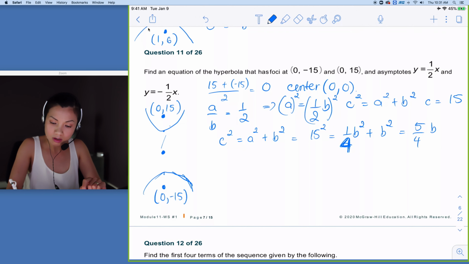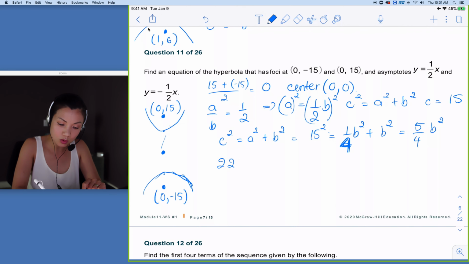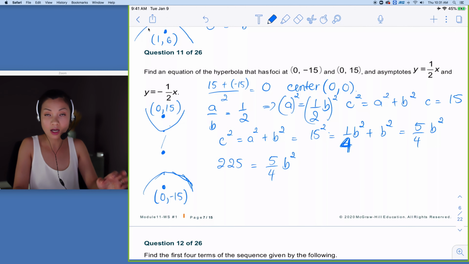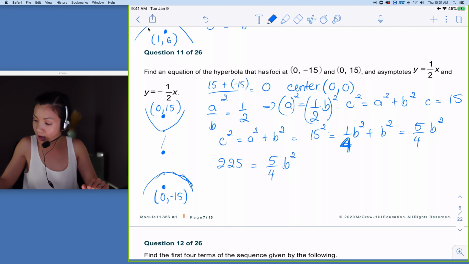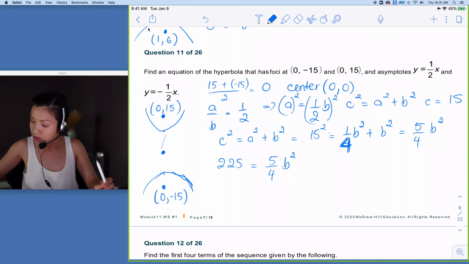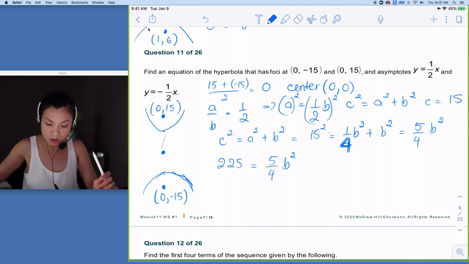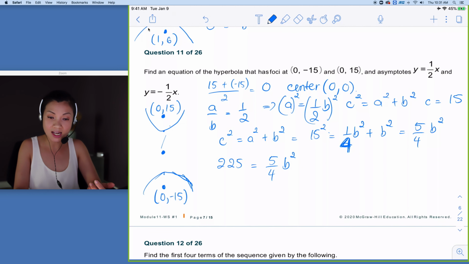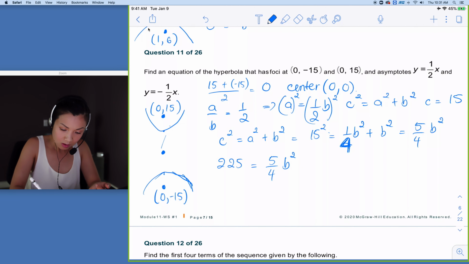So 1/4 b squared plus b squared is going to be 5/4 b squared. So I have 15 squared, which is 225, equals 5/4 b squared. Solving it, I'm going to multiply 225 by the reciprocal, which is 4 over 5. So 225 multiplied by the reciprocal gives b squared, which is 180.